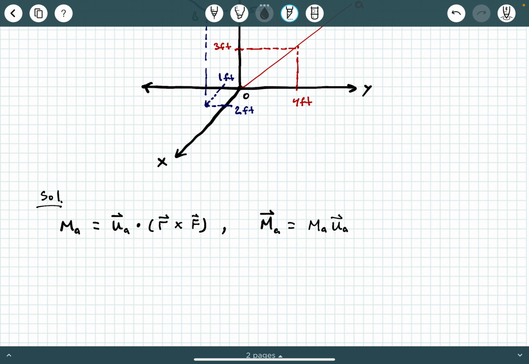This is the magnitude, so this is the Cartesian vector M sub A. So that's ultimately what we're doing here.